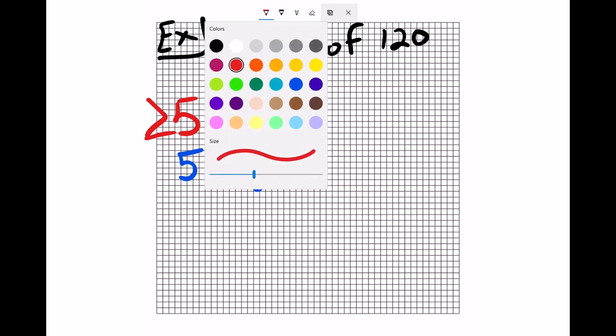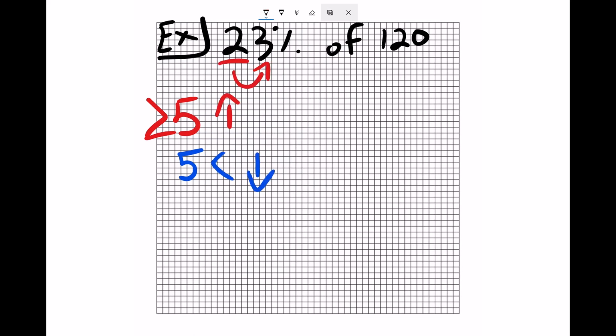For our problem, what that means, if you want to find approximately 23% of 120, given that this is a 3 and it is less than 5, this will become approximately 20%.